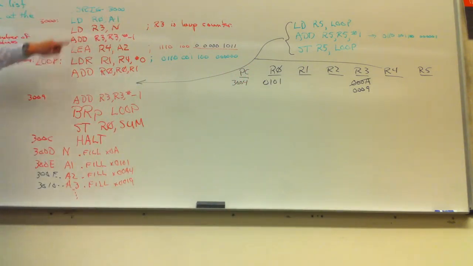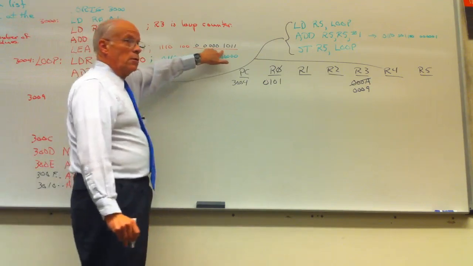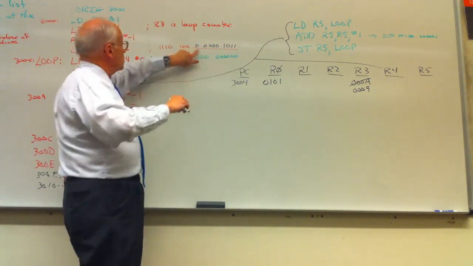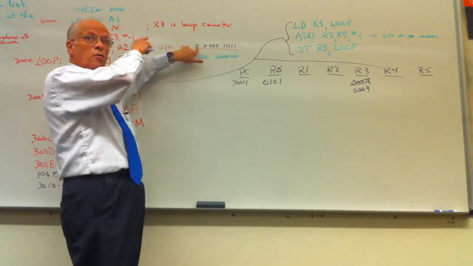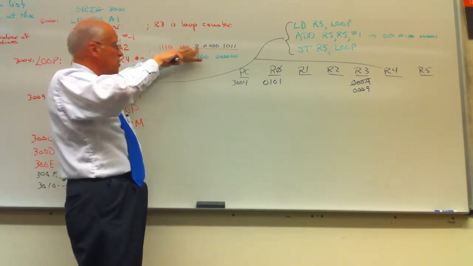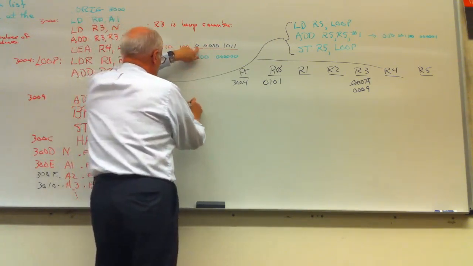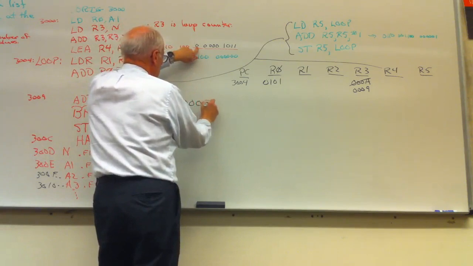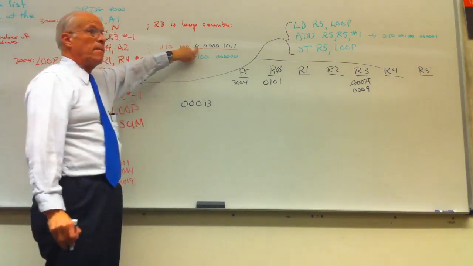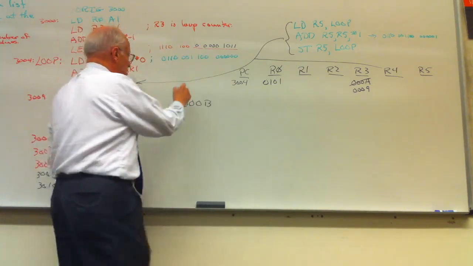How does this thing work? It takes this number, copies this bit over and over again until it has 16 bits, and so it has 000B. Adds that to what's in the PC.